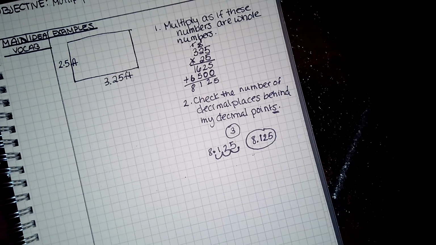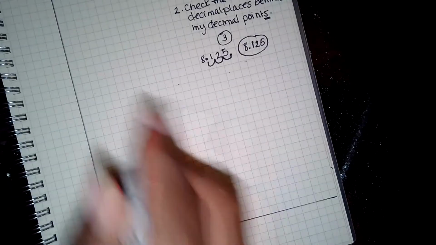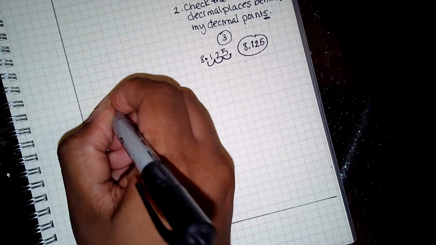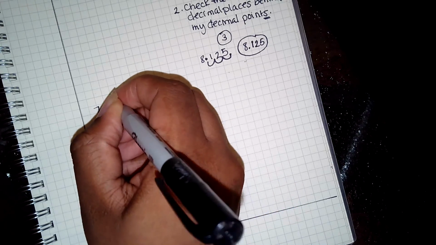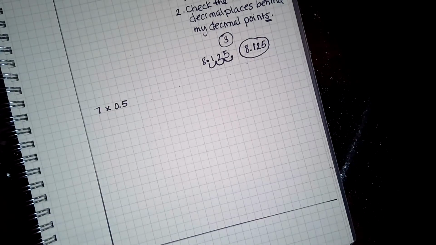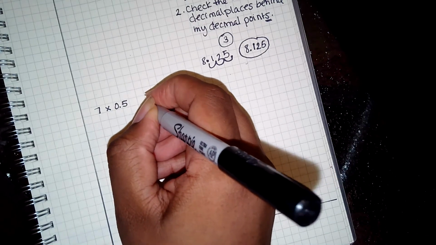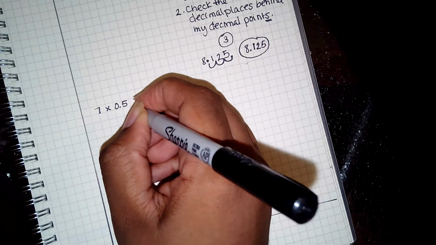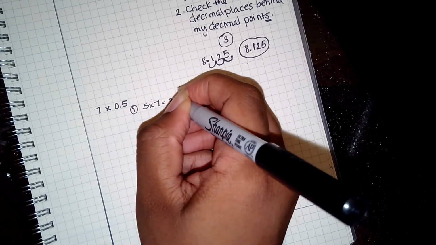Let's try one more from the practice page. So I have the problem 7 times 0.5. Now I'm going to multiply this as if I do not have any decimals. So I'm going to do 5 times 7 is 35.